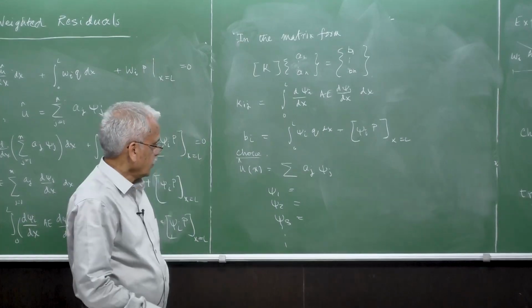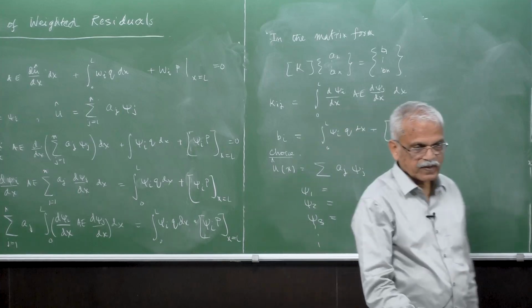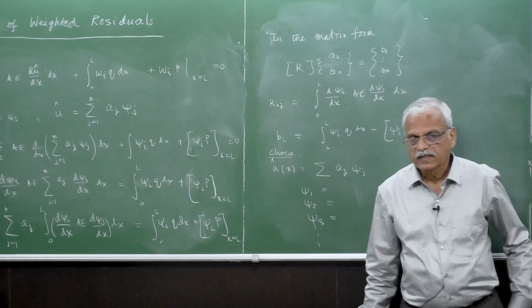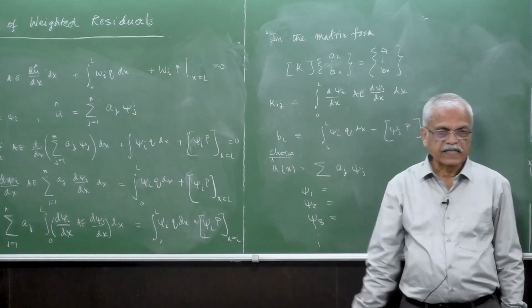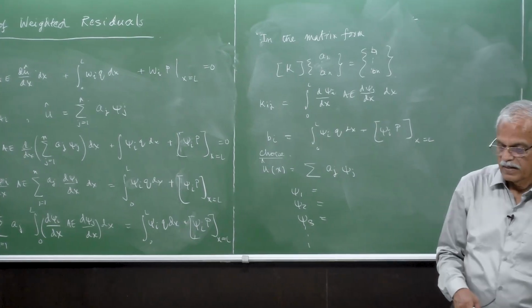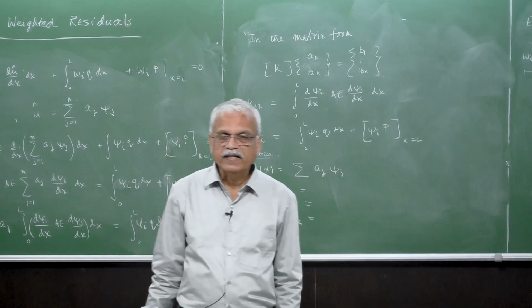Okay. So what are the things that need to be satisfied by the psi in this weak form? These psi_i's need to satisfy only the condition on the left side. On the left side, we have the boundary condition that displacement u hat is equal to 0 at x is equal to 0.